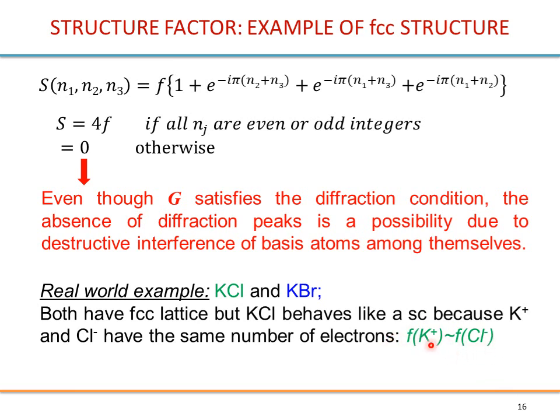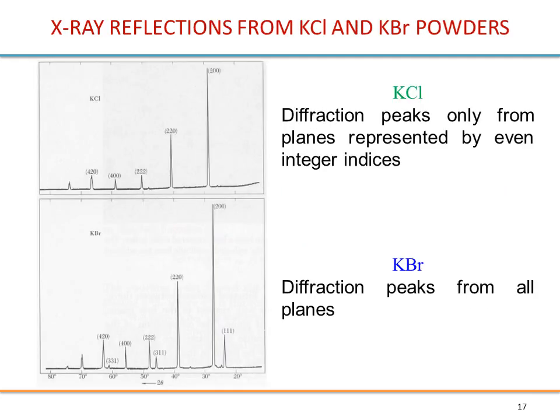So they have basically almost the same form factor. So of course KBr is in fact also a simple cubic, but with a basis, so it looks like an FCC. We should not say that KBr is an FCC, but the basis consists of two different atoms.